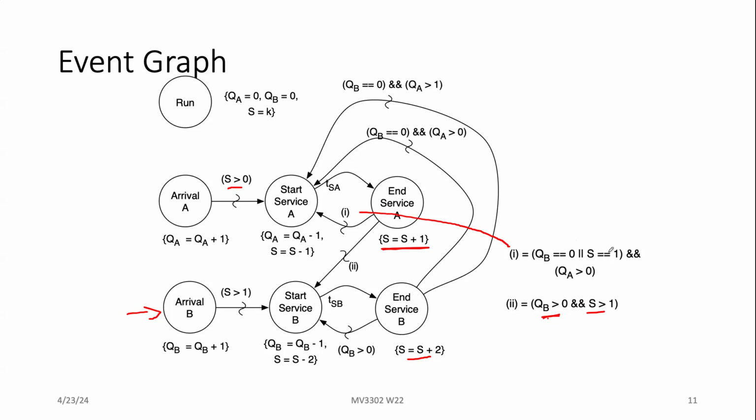Well, the thing is that right before this event occurred, I could have QA customers there, but S is 0.